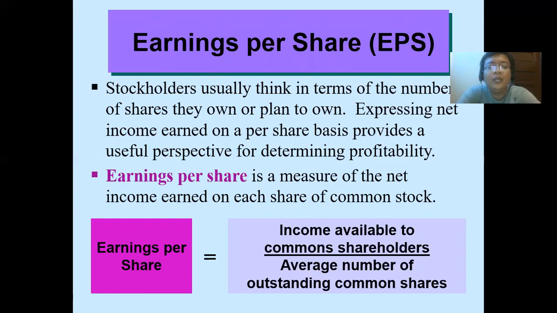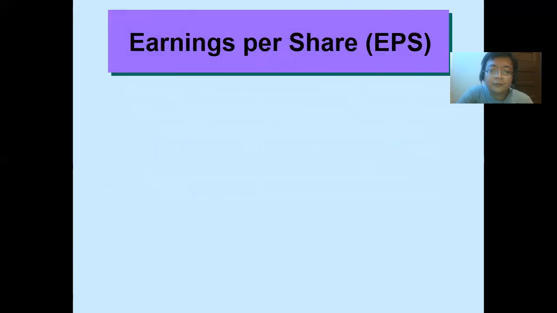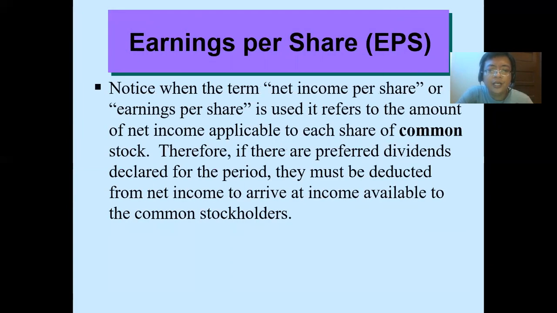The formula is income available to common shareholders minus preferred stock dividends, divided by average number of shares outstanding. Earnings per share, again, is part of your common stocks. Therefore, if you have preferred dividends declared for the period, they must be deducted from the net income available to common stockholders.